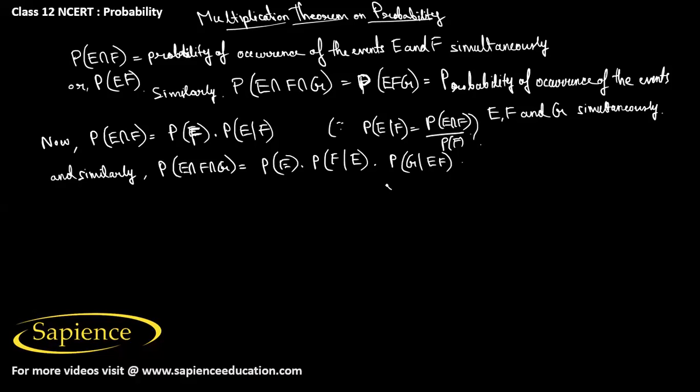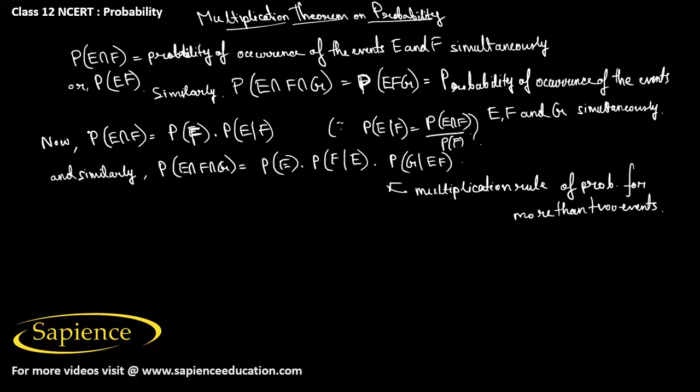This is called the multiplication rule of probability for more than two events. And this is the multiplication rule of probability for two events, E and F.